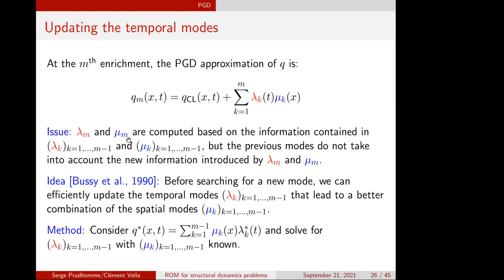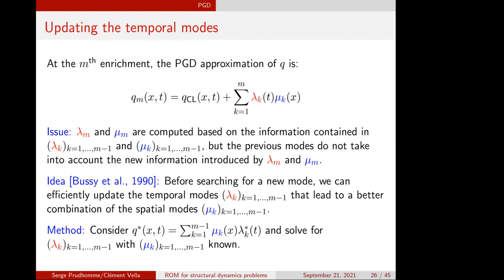Now, there is one point I would like to make, which is that we can actually update the temporal modes. So we have computed this. We suppose, using the process that I just showed you, we are going to get this solution. One issue that we observe is that this lambda m and mu m are computed based on the information from the previous modes.